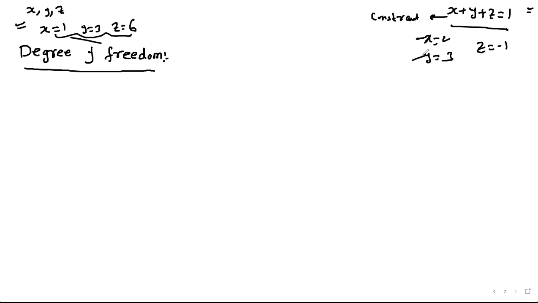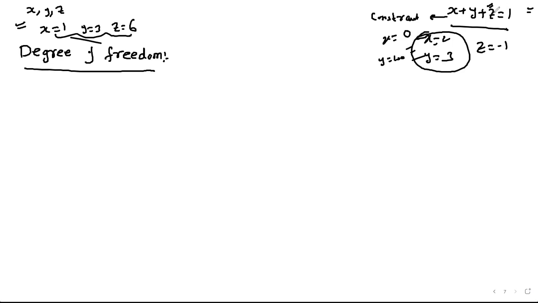So how much is the degree of freedom now? Yes, Fazil. How much is degree of freedom now? 2. I can choose 2 variables of my choice. Instead of x equal to 2, I can say no, my x is equal to 0. Fazil can say no, I will take 100. The only issue is with you.